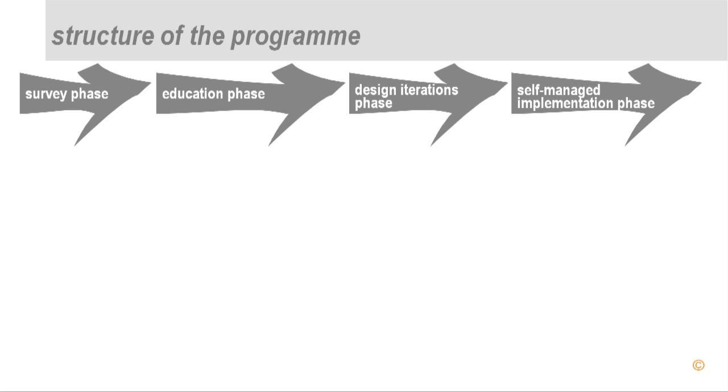The Organization Transformation Program consists of 4 phases and several sub-phases. The first phase is a survey involving the heads of all functions and business units. It serves as a diagnostic exercise and also a brainstorming exercise.